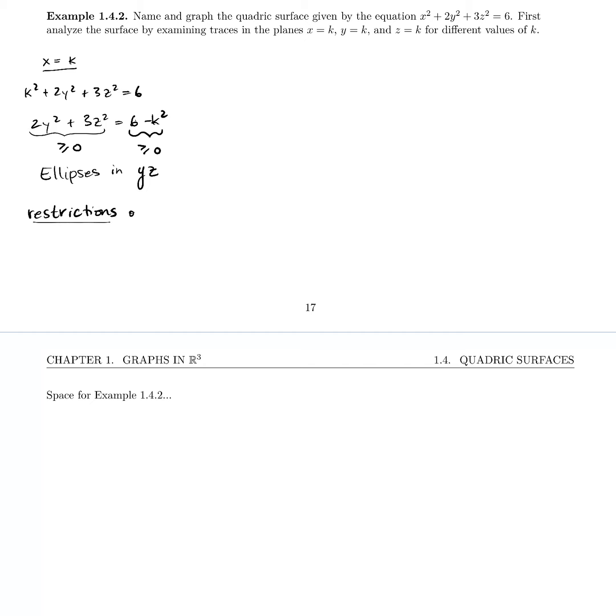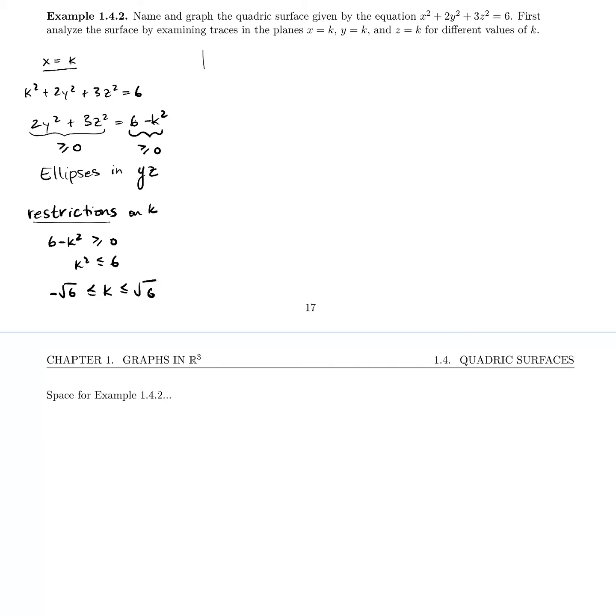So our restriction on k is that 6 minus k squared must be greater than or equal to 0, which is the same thing as saying k squared must be less than or equal to 6, or negative root 6 is less than or equal to k is less than or equal to root 6.